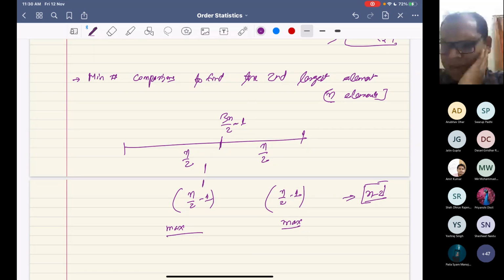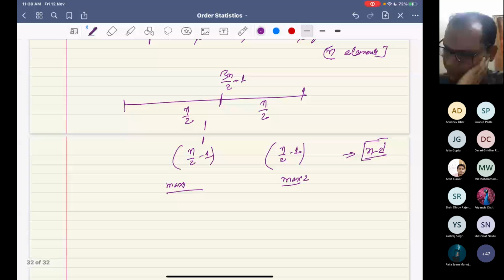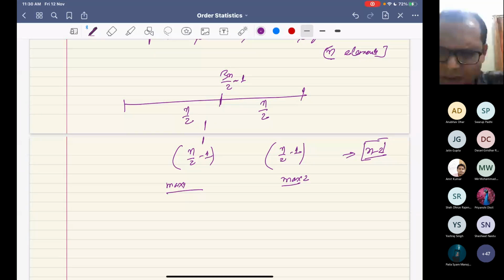Second max can be anywhere. So first of all, I think you have to find out the max among these two. I thought I can do it how we do for finding minimum and max. That's what I'm asking. How exactly?